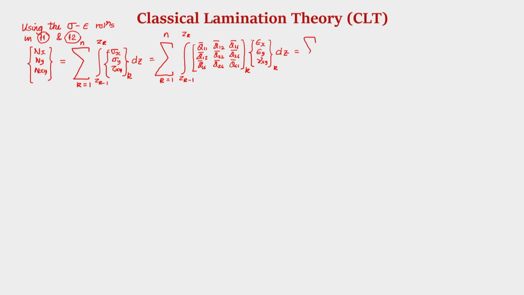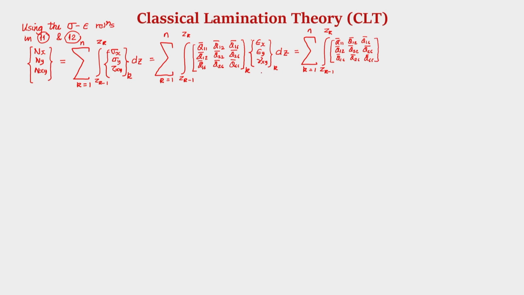Therefore, we can write this as k is equal to 1 to n, integration zk minus 1 to zk, Q11 bar, Q12 bar, Q16 bar, Q12 bar, Q22 bar, Q26 bar, Q16 bar, Q26 bar, Q66 bar.